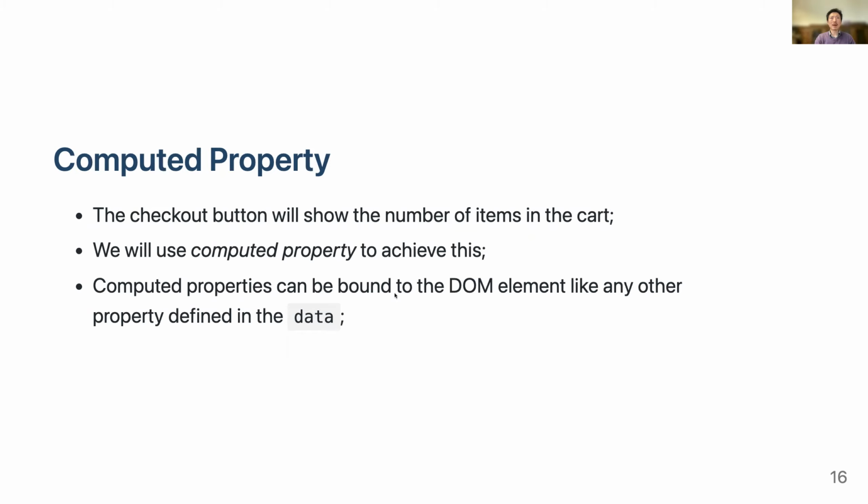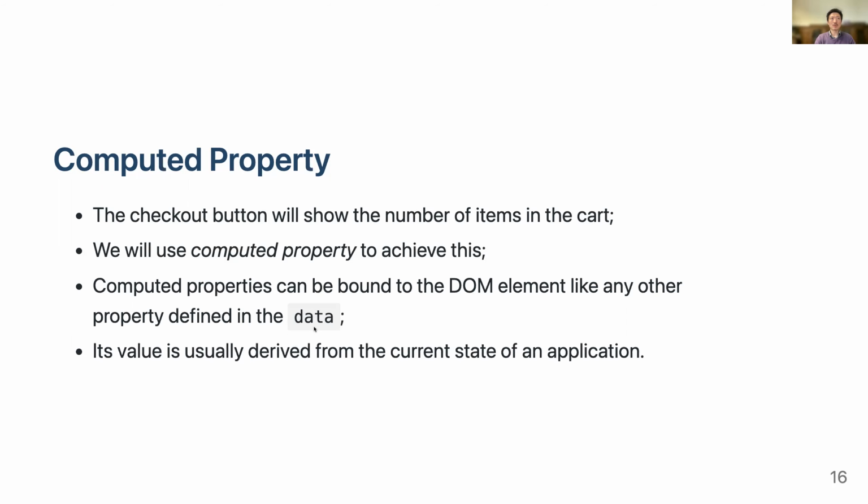It can be bound to DOM elements, like anything you define in data, so you can use its value to show on a page. But its value is dynamically derived from the state of the application. It's not preset. So it will recalculate its value every time it's called, and it will automatically update when the value changes.